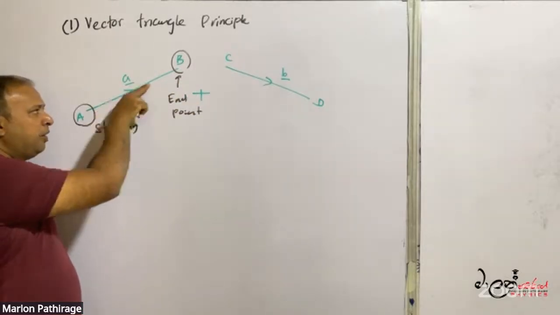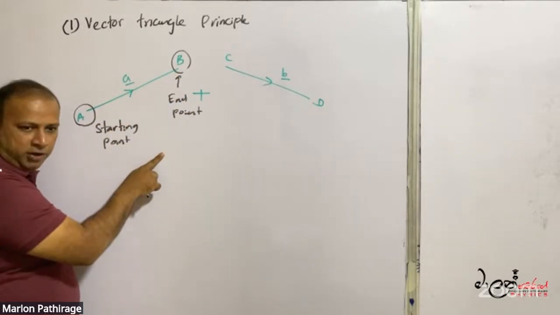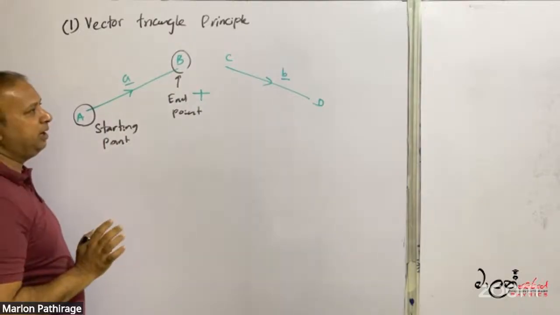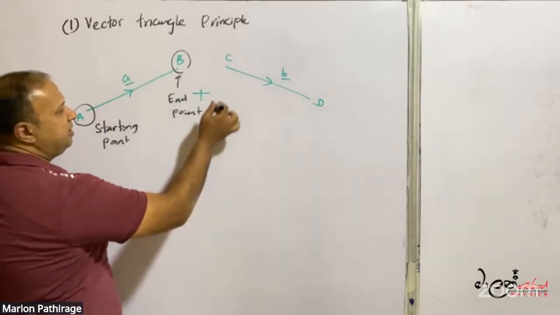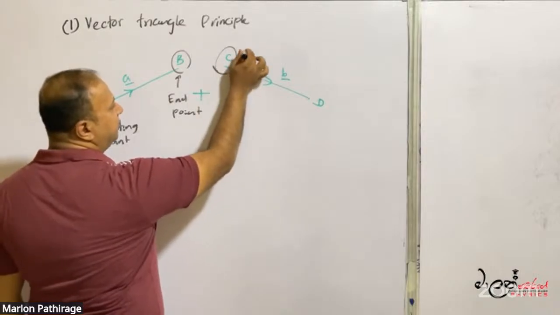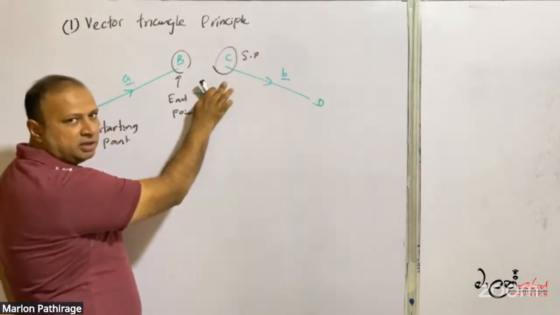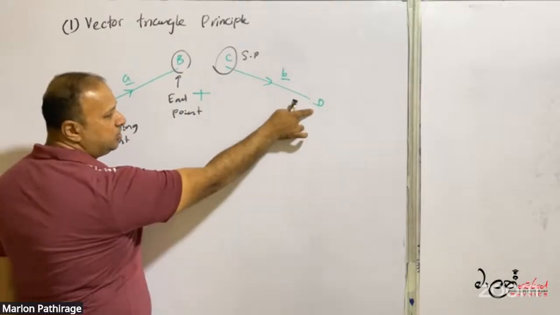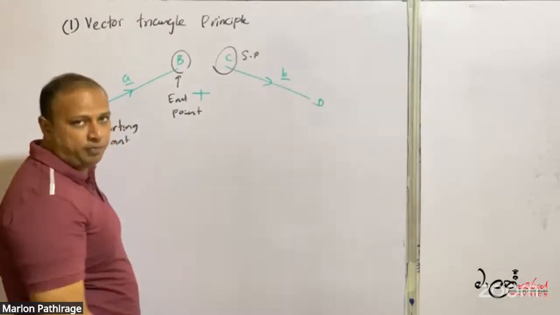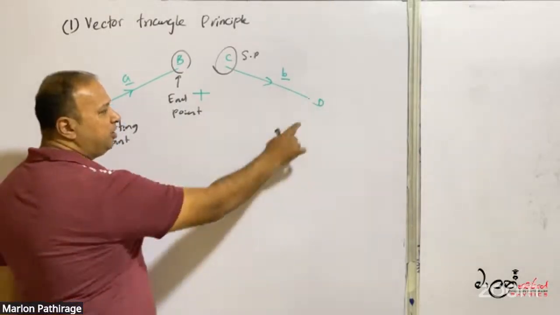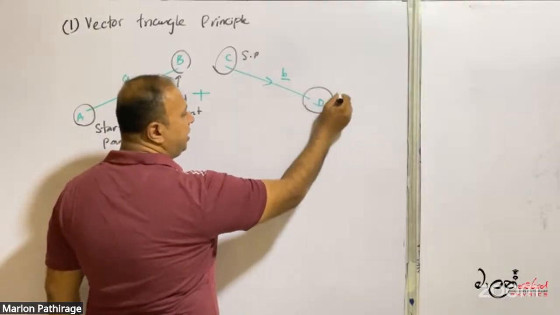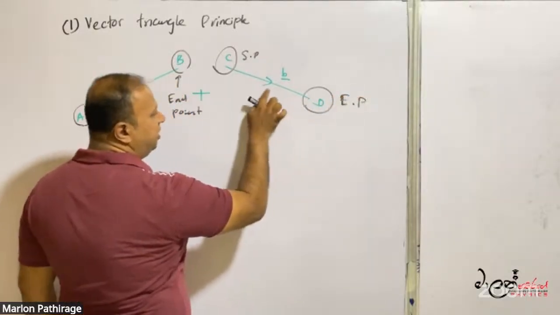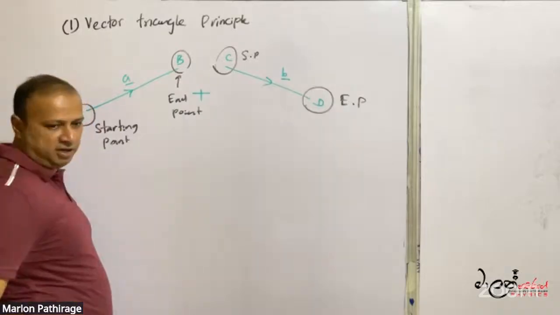Normally, the arrowhead is directed towards the end point. Then, this is the starting point of the second vector. The arrowhead is directed towards the point D. Therefore, this should be the end point. This is the starting point.